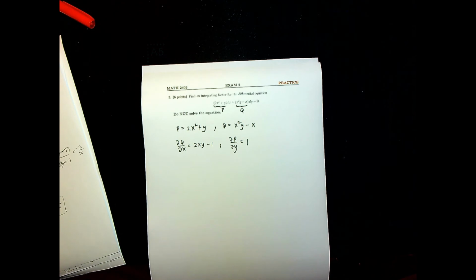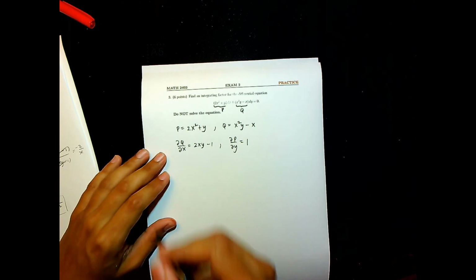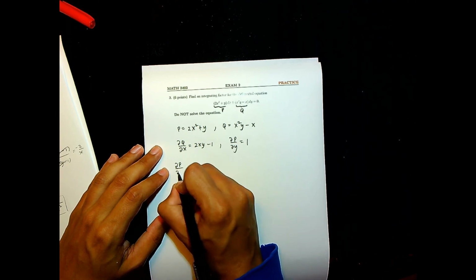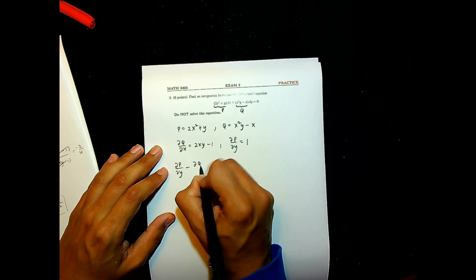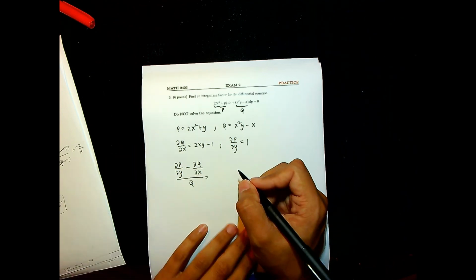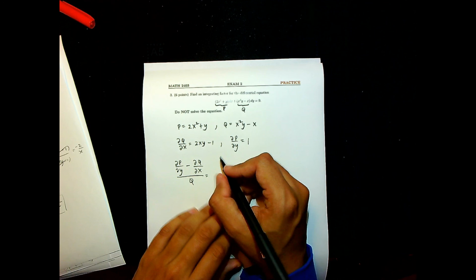And in this one, after trying, you realize that the one that works is the partial of P with respect to y minus the partial of Q with respect to x, divided by Q. Now let's work this out and see what it gives you.